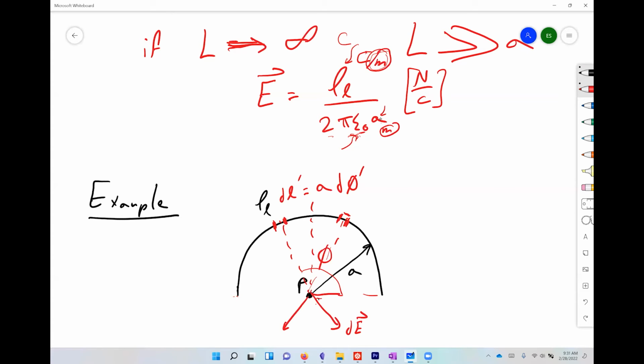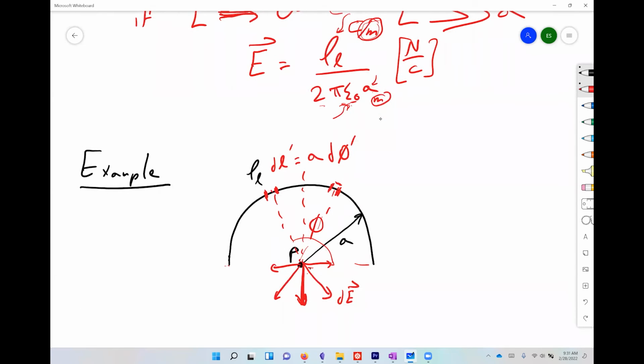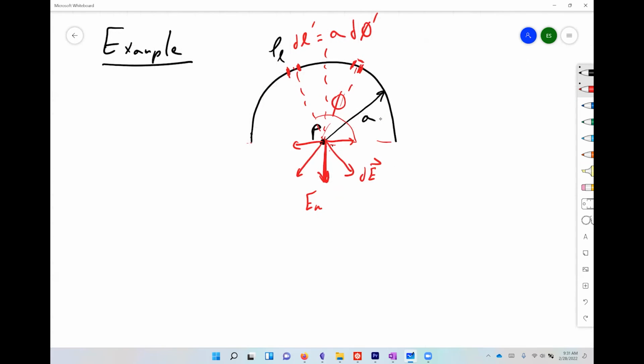This is going to cancel the tangential component, and we're going to end up only with a normal component. So in this example, only E normal is going to exist, so we can always ignore the tangential component.